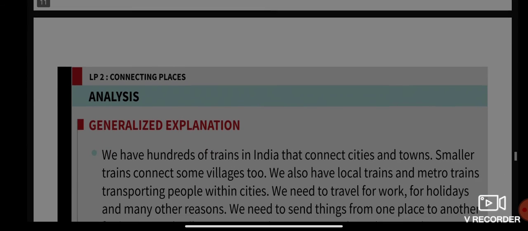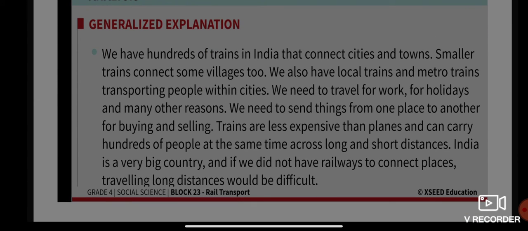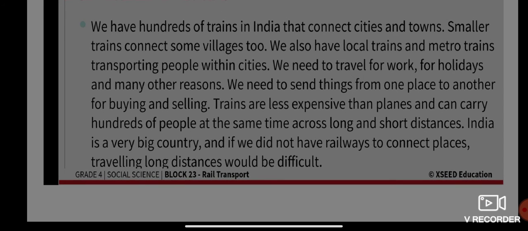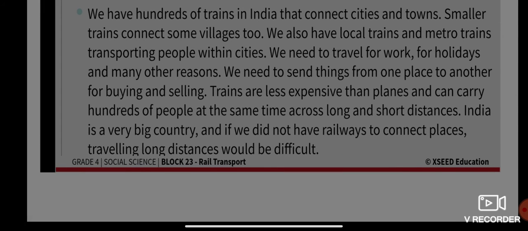Alright, so see, we have hundreds of trains in India that connect cities and towns. Smaller trains connect small villages too. We also have local trains and metro trains transporting people within cities. We need to travel for work, for holidays, and many other reasons.